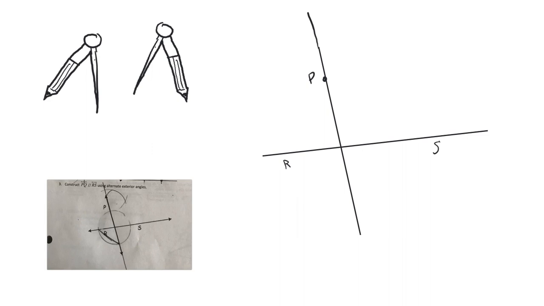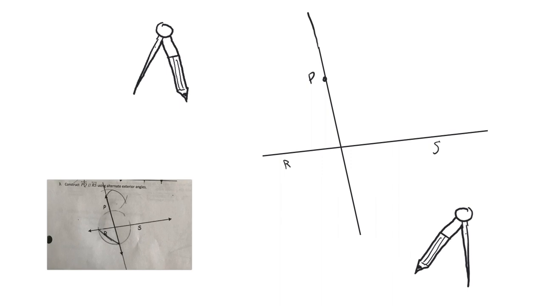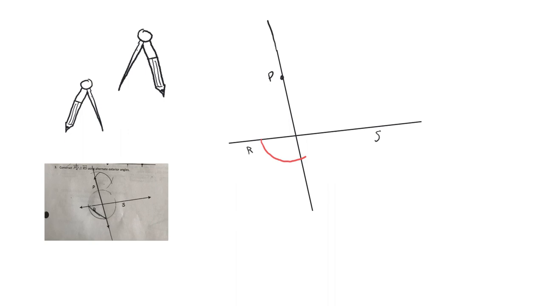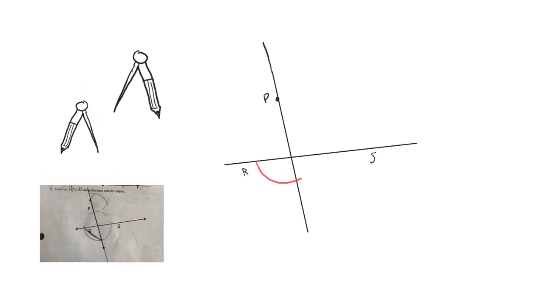What I mean by that is we'll take our compass, and we're going to put it here, and then we're going to draw this arc that goes like that. Now, you're going to maintain the size of the compass. This next part's really important.